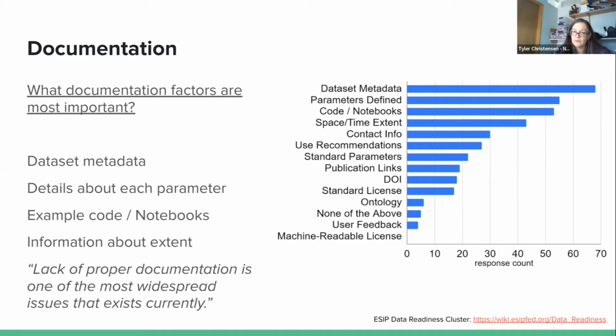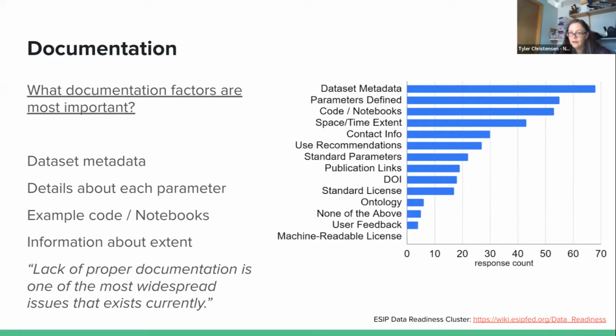There's a really strong preference for example code and notebooks. So especially if you're working with data sets you're not familiar with, and especially file formats that you might be a little bit less familiar with, having example code or Jupyter notebooks or user guides, or anything we can do to provide an on-ramp to starting to use unfamiliar data is really highly requested. People want to know about the extent as well.